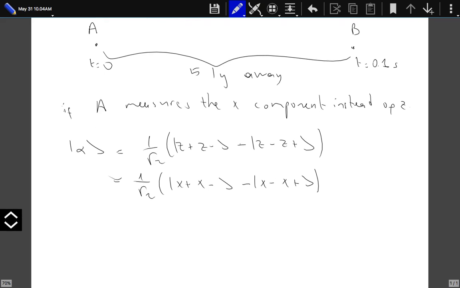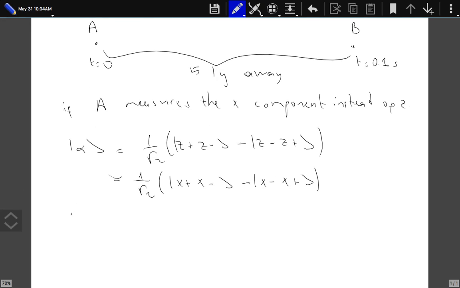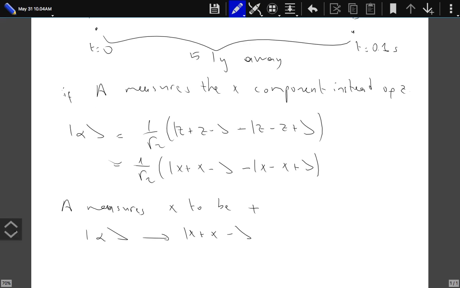Now let's say A measures x to be plus. Let's just make an assumption. Then alpha after the measurement becomes x plus x minus. And B keeps on measuring the Z, but it will still measure 50% Z plus and 50% Z minus. Nothing basically changes in the outcomes of the measurements made at B.